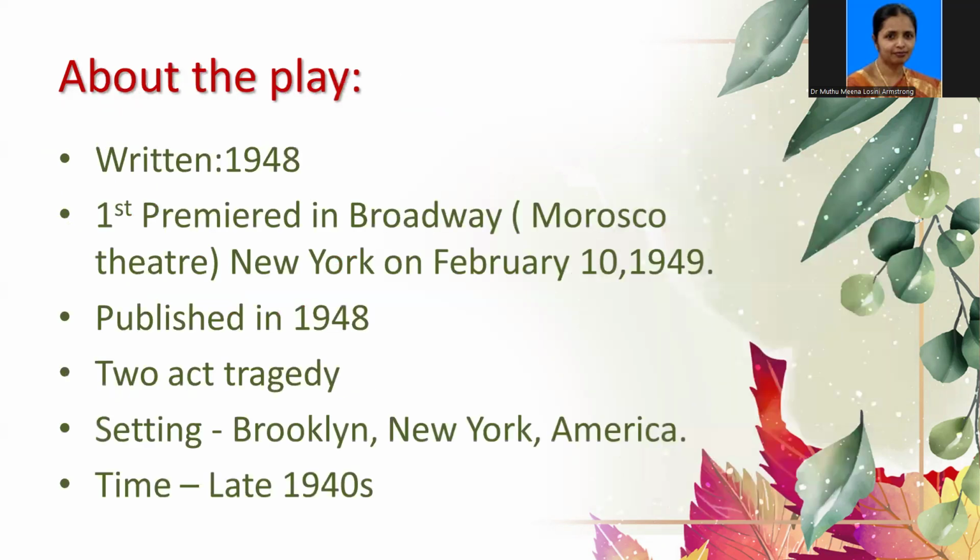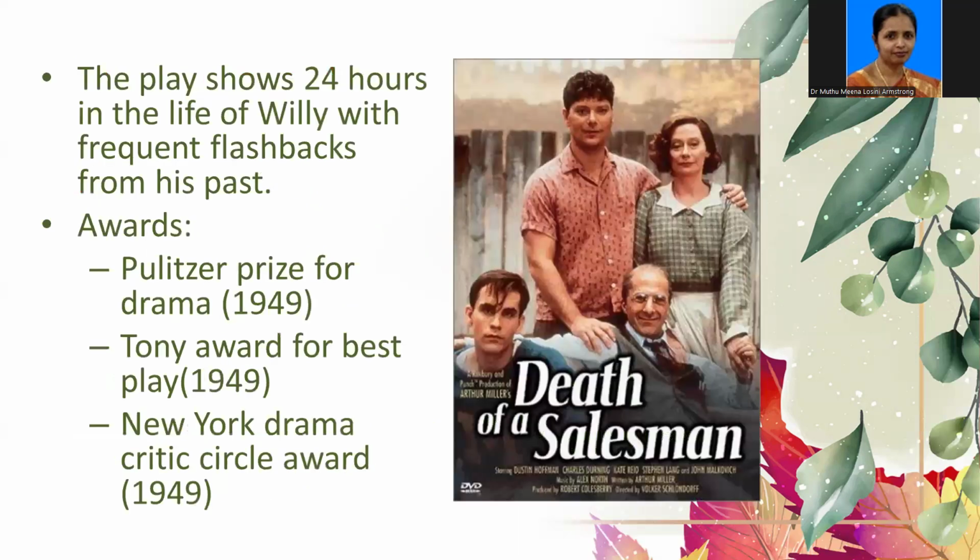These are his works, and this drama was written in 1948, and it was enacted at Broadway Theatre in New York in 1949, and this drama was published in 1948. And it is a two-act tragedy. The setting was Brooklyn in New York, USA. The time of the play is the 1940s.